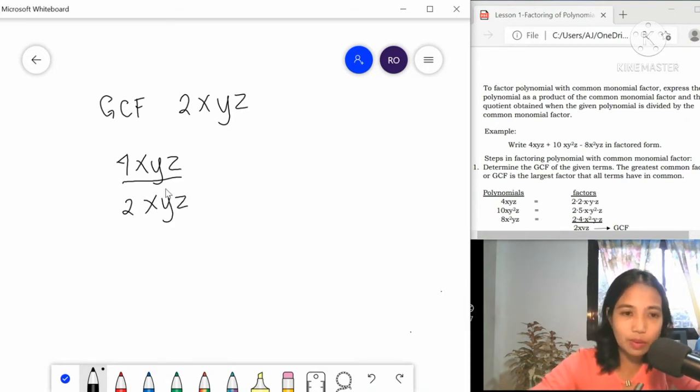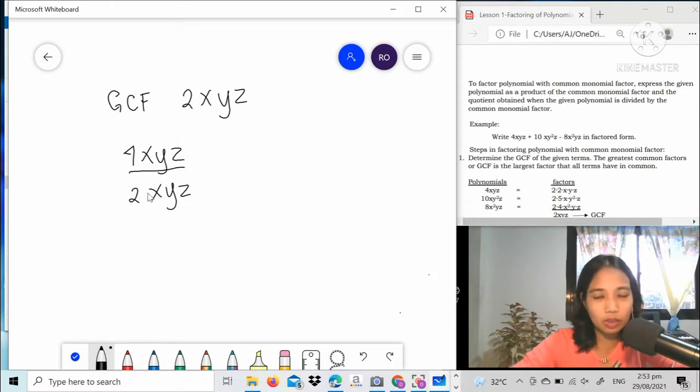I-divide natin yung 4xyz by the GCF. Okay, sa pag-divide nito, we also divide it as we divide the whole number. Okay? Yung numerical coefficient, dinidivide natin yan as we divide a whole number. So, 4 divided by 2, the answer is 2.